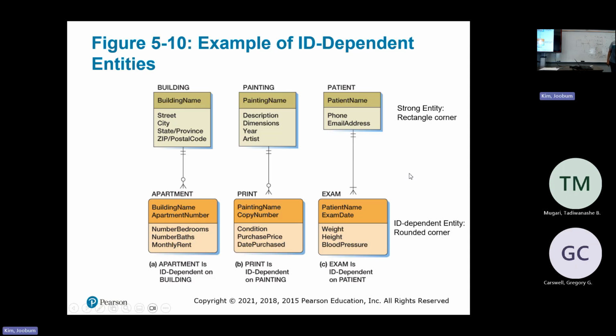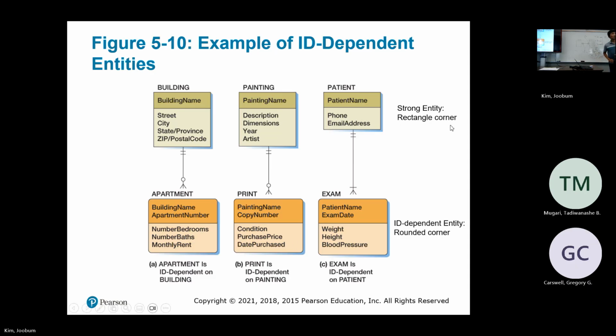And also compare the entities, this one and then this one. Can you see the difference between the two groups of symbols? Top and the bottom. What is the difference? Yeah, shadow boxes. Yeah, the tops are the strong entity.